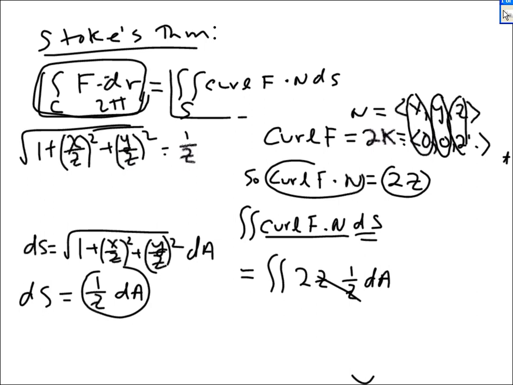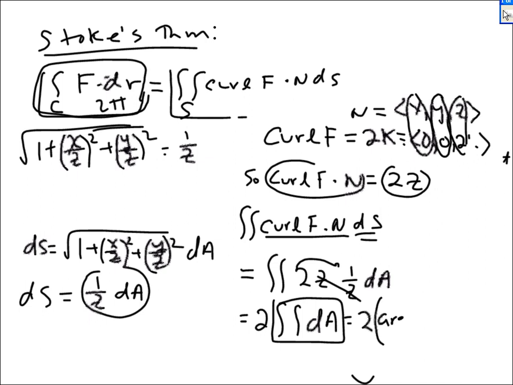The z's, of course, cancel. And you're integrating 2 times 1, which is 2, which I'll bring in front, dA. But that's just the area. What area? The area of the circle with radius equals 1.